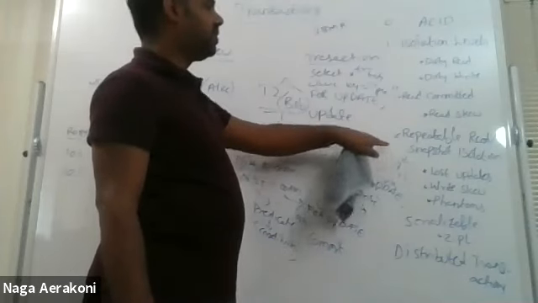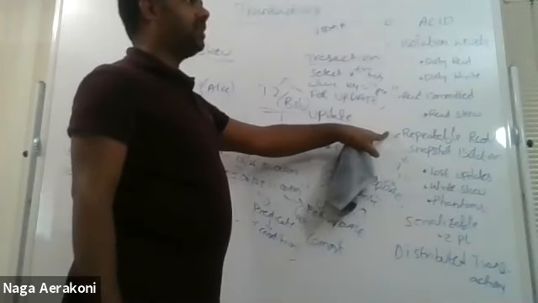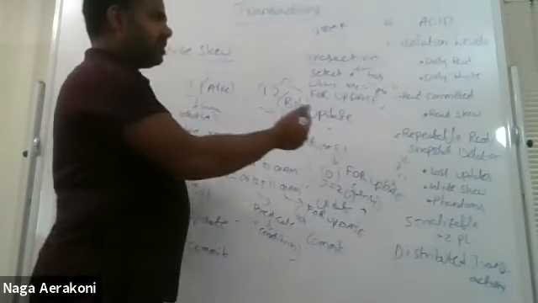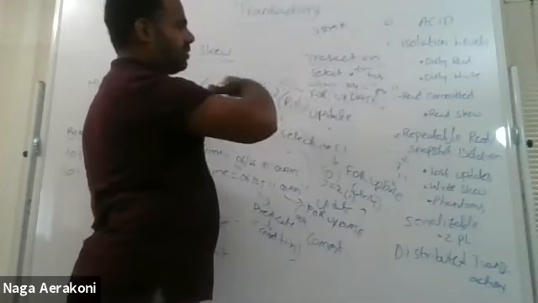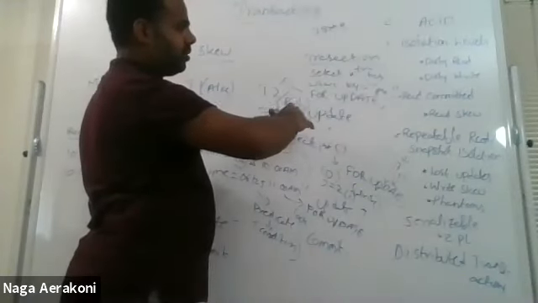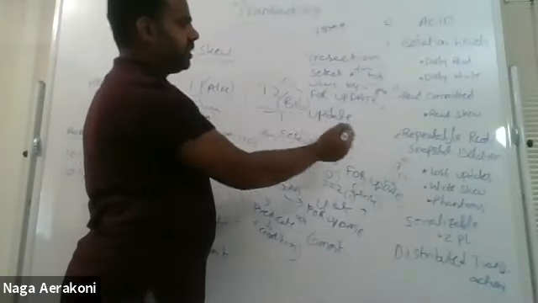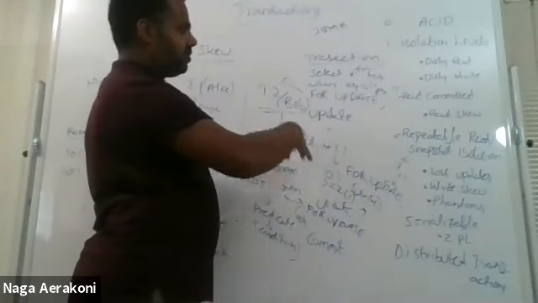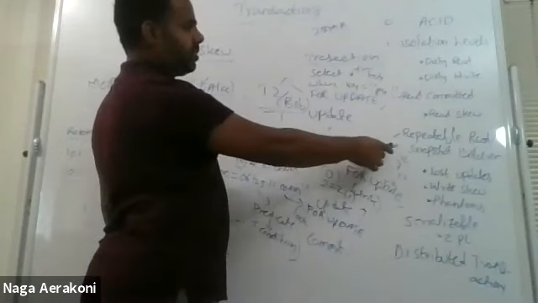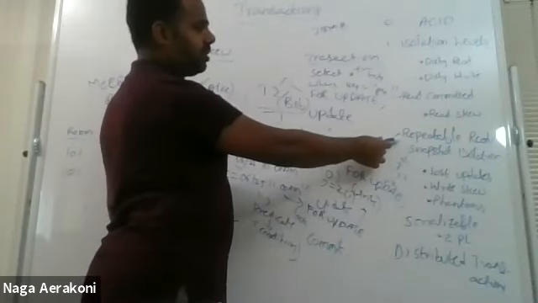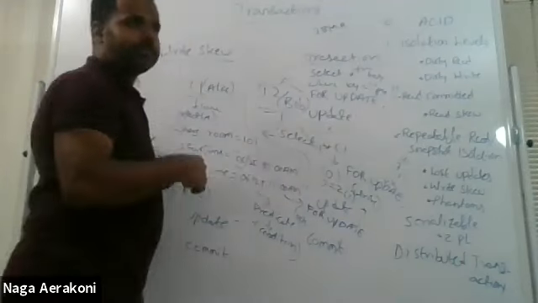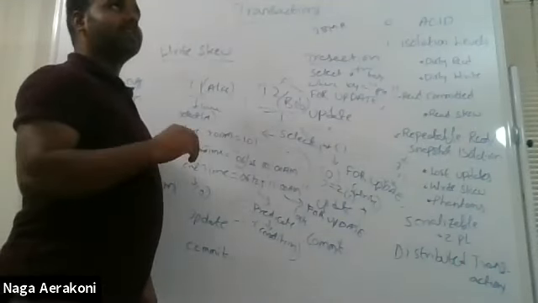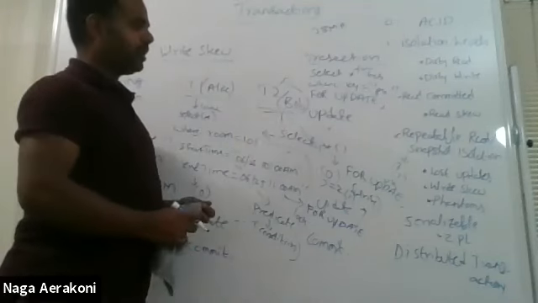But for repeatable, I think the name came from the fact that if you have obtained a snapshot, the point in time state of the database, even if you read multiple times, if there are no other transactions committed, you will always get the same data. I'm thinking that's maybe the idea behind the name.